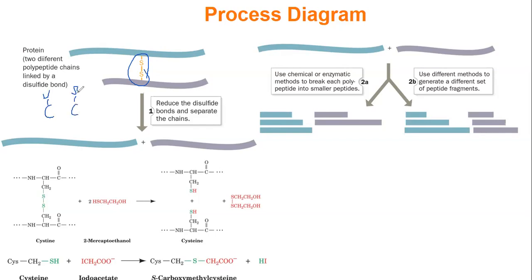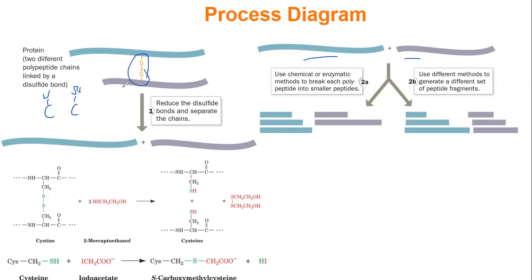Cysteine has an SH at the end. Yep. So cysteine can do that. And we need to break all disulfide bonds, because the idea is we're going to take our peptides and chop them up into small pieces and then sequence these small pieces and then put them together like a puzzle.